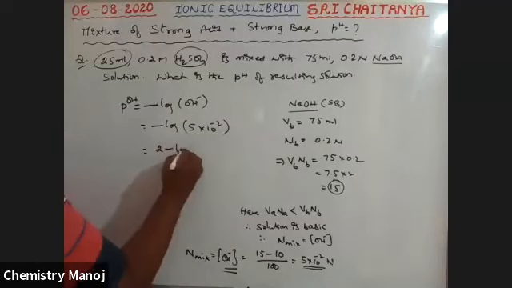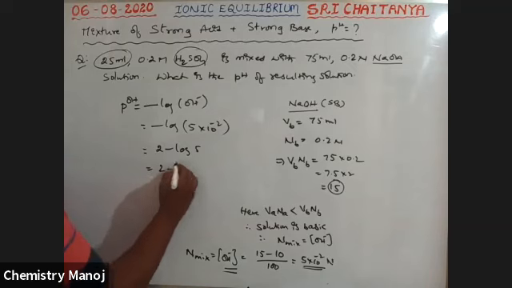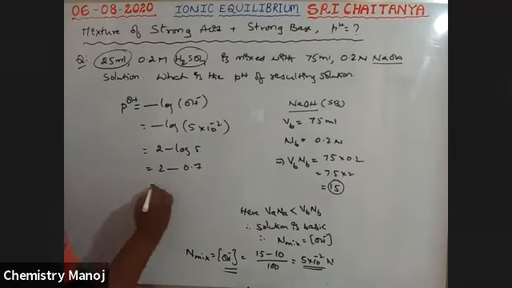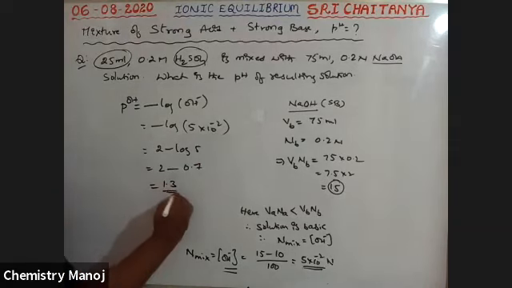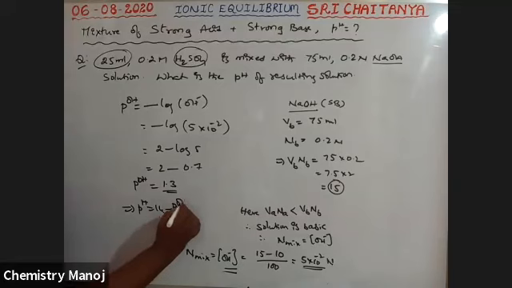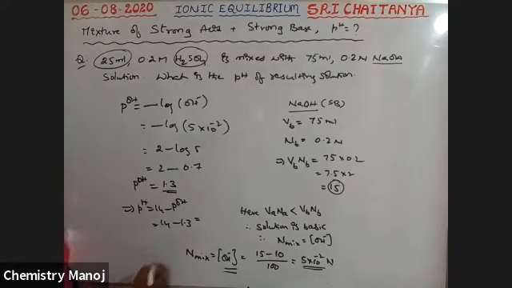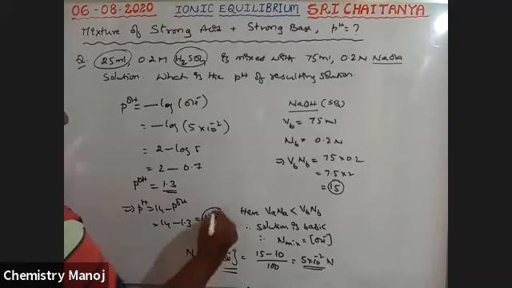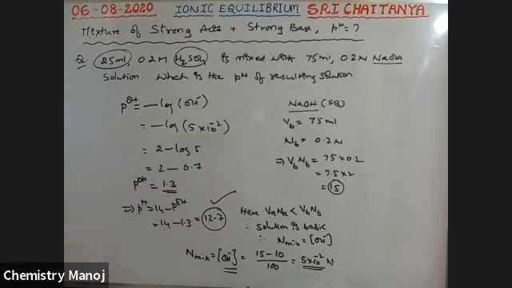That is 2 minus log 5, which is 2 minus 0.7, that is 1.3 is the pOH. That implies pH is equal to 14 minus pOH, that is 14 minus 1.3, which is equal to 12.7. This is the final pH of the solution.